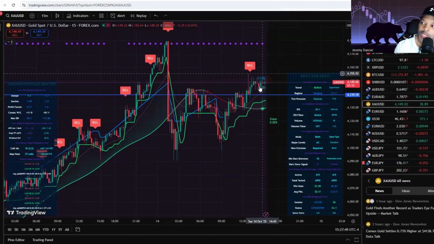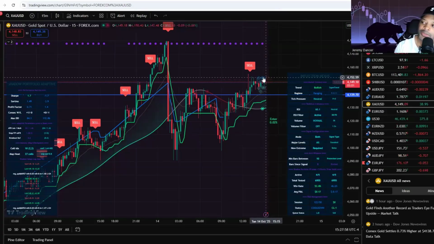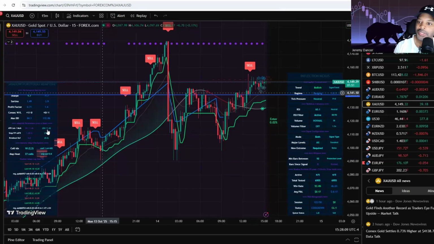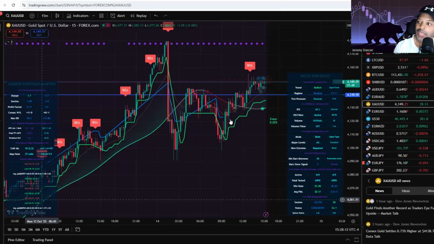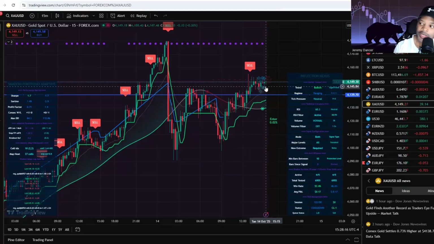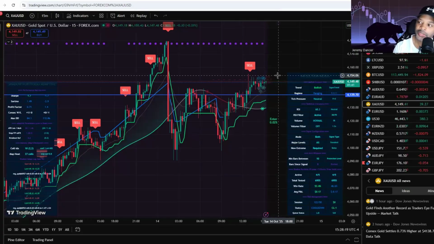But if you really pay attention to where the diamonds are located on the candles, they are located on supply and demand zones of the candles. So they're analyzing the volumes. They're analyzing how many sellers there are, how many buyers there are. It's analyzing all this data that you see here, and it's keeping track of it. And then once it feels confident, it's going to give another sell or buy signal.